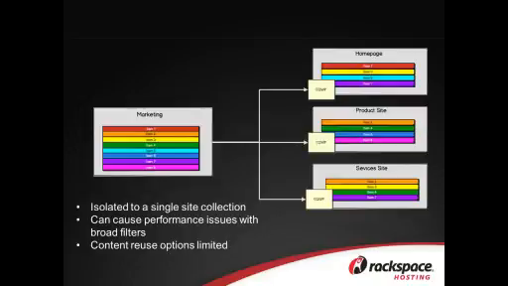But basically, I wanted to illustrate that scenario of what I was talking about. In this case, I'm thinking in my scenario that marketing is generating all of my content, because we all know that marketing are the people who write all the flowery stuff, and they're wonderful at writing. So they're obviously the ones in your organization generating all of the content. In this case, they've got 8 items that they're creating. And in our scenario, we've got a single site collection. We've got our homepage, our product site, our services site, whatever.